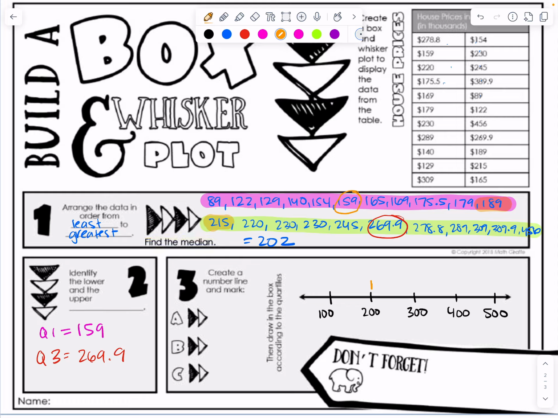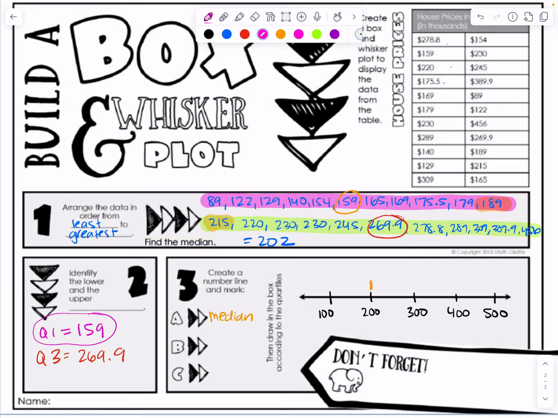So in order to create the box and whisker plot, we need those pieces of data, right? I'm going to start with the median, which is the middle value, and that is 202.